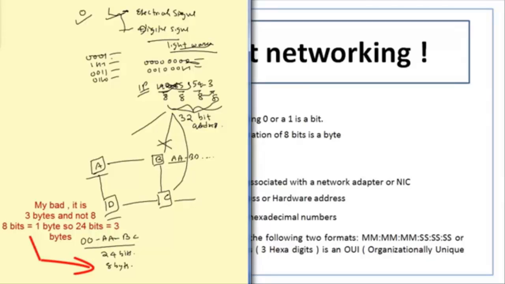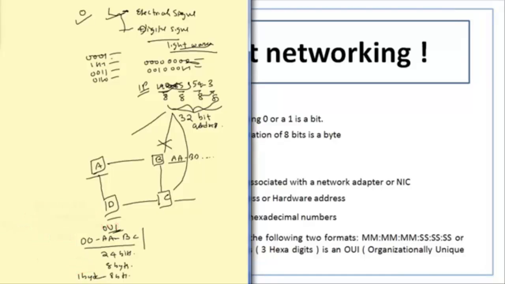You remember, 1 byte is 8 bits, I just told you. So the first 24 bits is something called the OUI, organizationally unique identifier. So this will be unique for every vendor. So let's say this belongs to Cisco. I'm just giving an example.